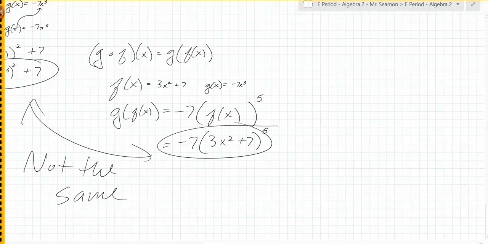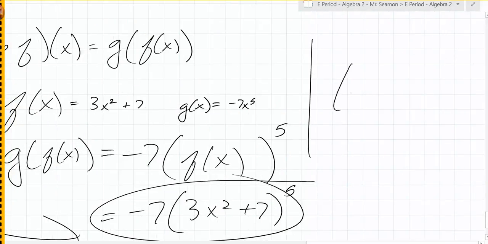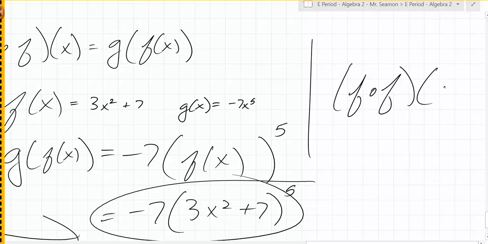Okay, as a fun another one, what's this going to be? Well, what does this mean? f of f of x. What does that mean? Yes, you're plugging f into f. Can you do that? Absolutely. What is f of x?